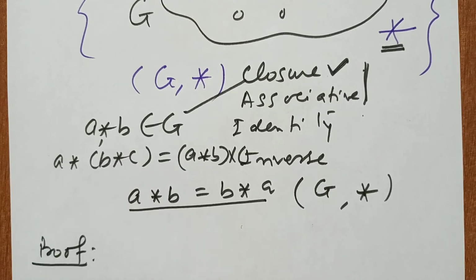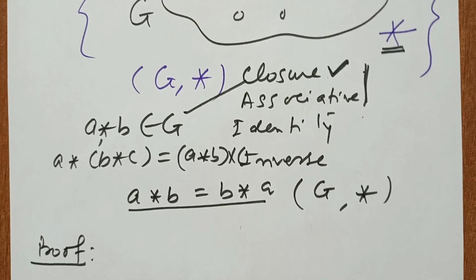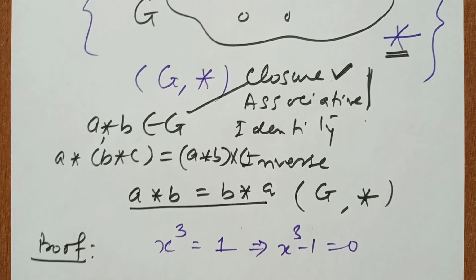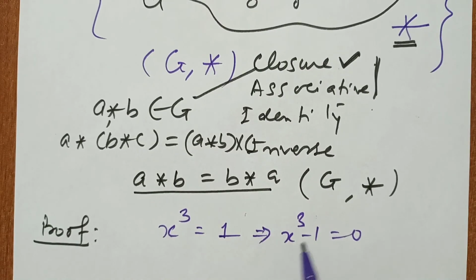The proof is very easy. Only look at your question: here our question is cube roots of unity. Let x be a cube root of unity, meaning x cube is equal to 1. It means x cube minus 1 is equal to 0. We can solve it easily using a cube minus b cube equals a minus b times a square plus ab plus b square.